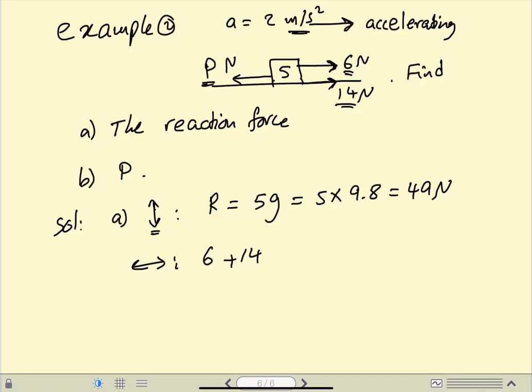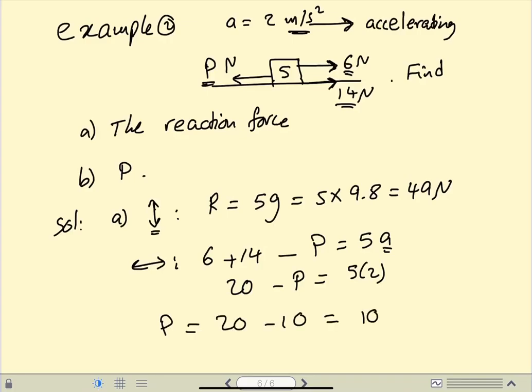So we add them. P is opposing them. So 6 plus 14 minus P is equal to 5a. So 6 plus 14 is 20. 20 minus P, and a is 2, 5 times 2. So P is equal to 20 minus 10, which is 10 newtons.